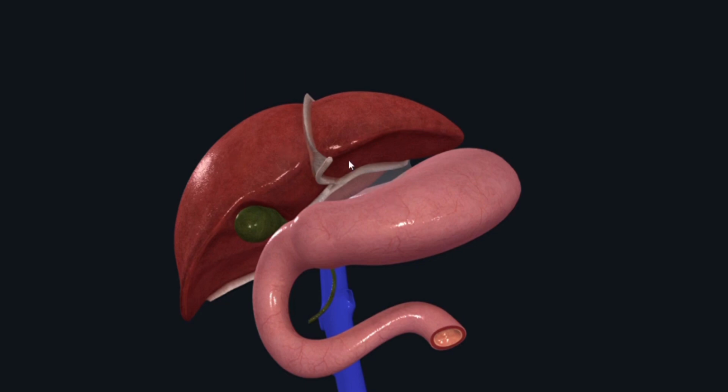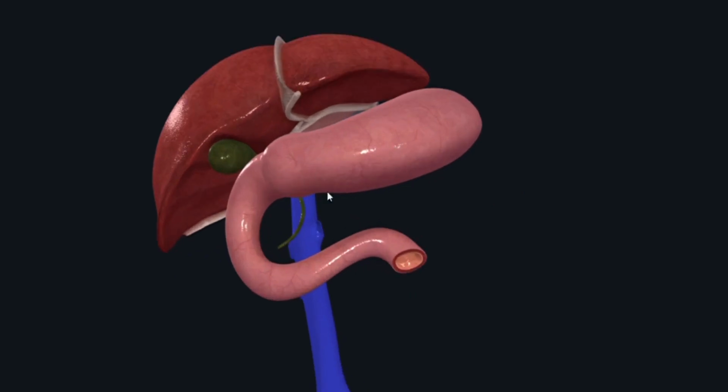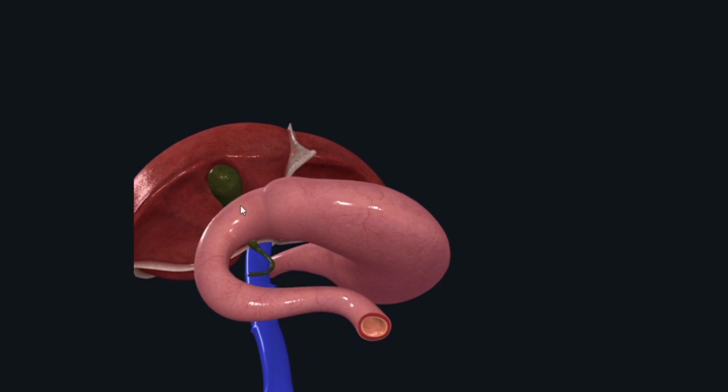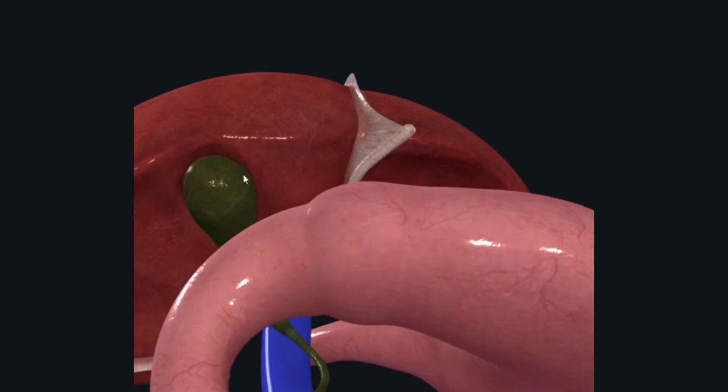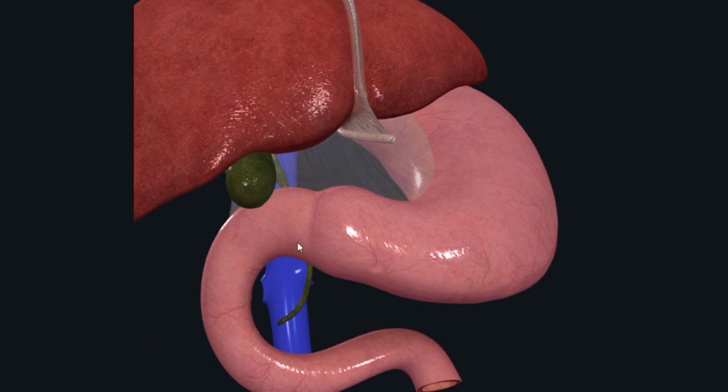The inferior part of the liver is in relation with a lot of organs. The first thing we can see is the duodenum. We also know, naturally, that the gallbladder is in relation with the liver. And then we have the lesser omentum. You can see that the lesser omentum and the duodenum are in close association with the right lobe of the liver, especially the superior part of the duodenum.